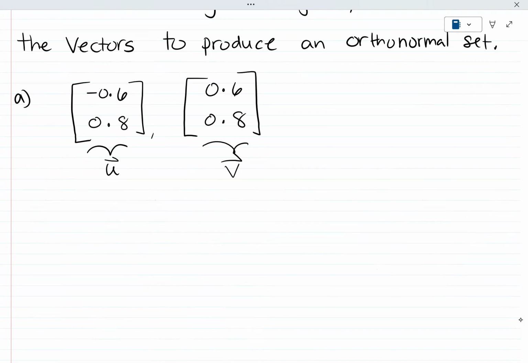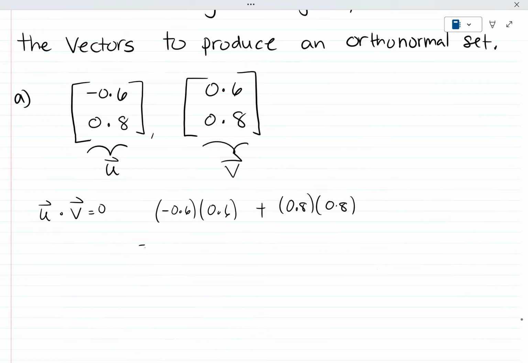So what we got to do is first determine if it's orthonormal. That means we got to do vector u dot vector v and it should give you 0. So is that true? Let's see. That would be negative 0.6 times 0.6 plus 0.8 times 0.8.